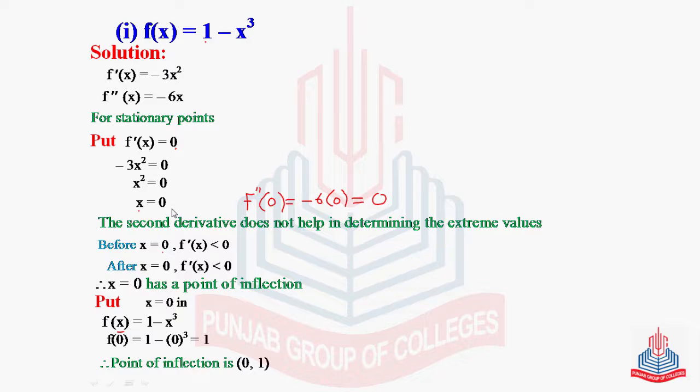Then put this value in second derivative, which is this one. We have f double dash 0 or second derivative at x is equal to 0 is equal to 0.